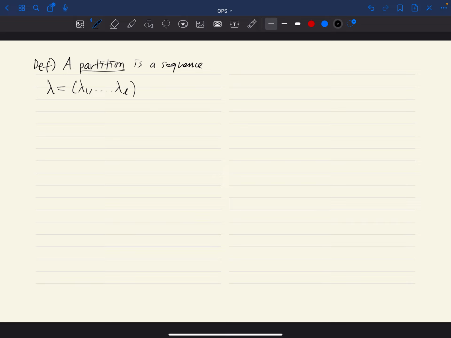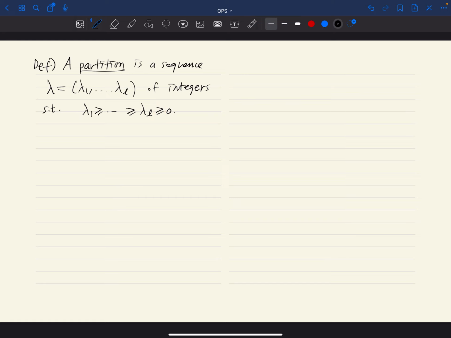It's a sequence of integers such that lambda 1 is weakly decreasing. They are non-negative like this. Sometimes people only consider positive things, but we're going to use the non-negative, 0, as well.